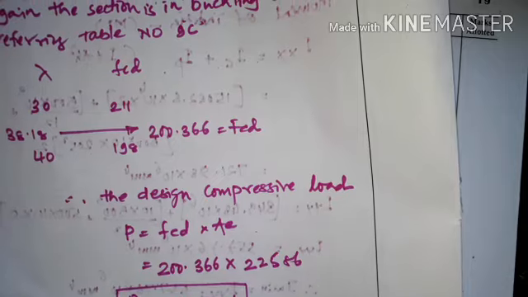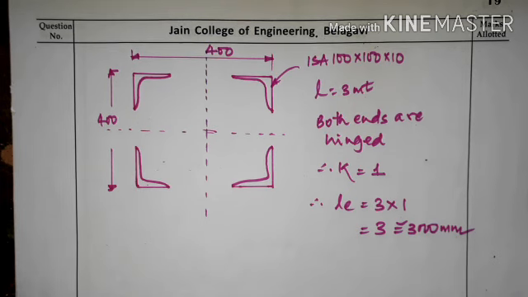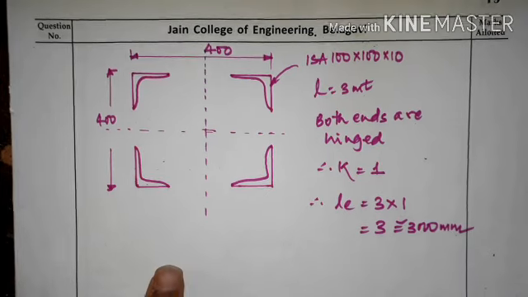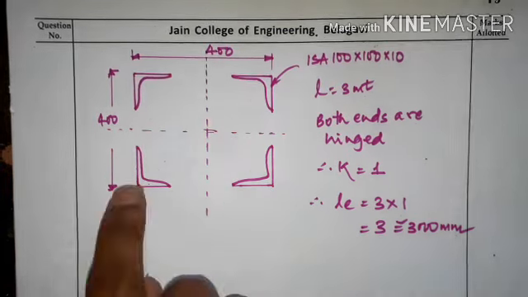Okay, thank you. So in this next problem we'll again find out the design compressive load of the column made up of four angles at the corners.